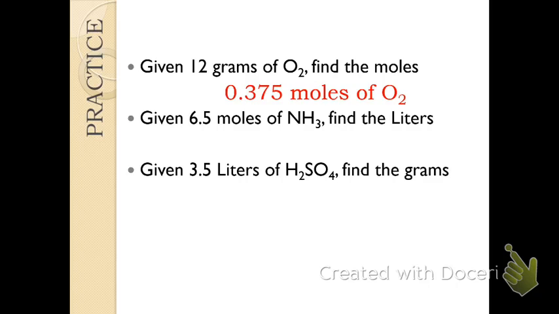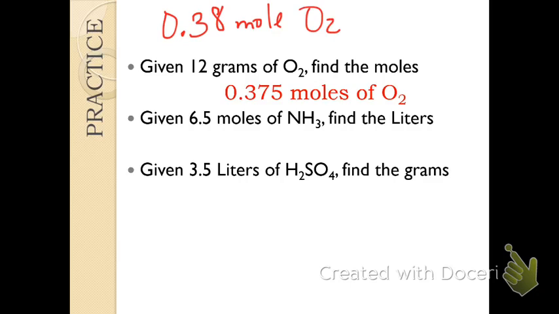This is to the nearest thousandth. If I wanted it to the nearest hundredth, it would be 0.38 moles of O2, because the 7 rounds up since there's a 5 beside it.